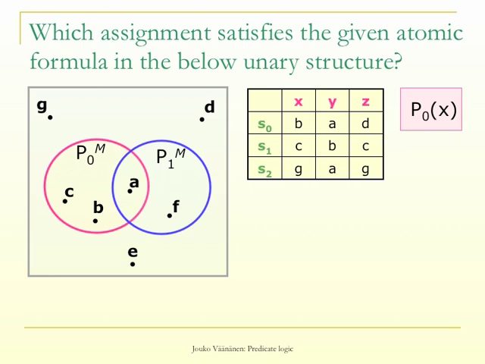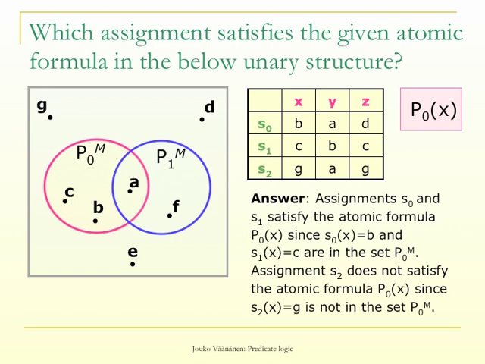So we should look at whether the elements B, C and G are in P0 or not. The picture clearly indicates that B and C are in P0 and G is not.